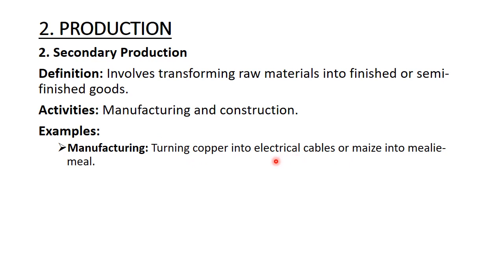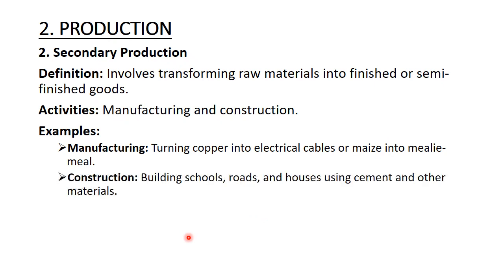That is Zamefa. There is a company called Zamefa that does that, turning copper into electrical cables. So this is secondary production. You get the copper from primary production, you turn it into a cable, secondary production. You get maize from primary production, you turn it into meal, that is secondary production.